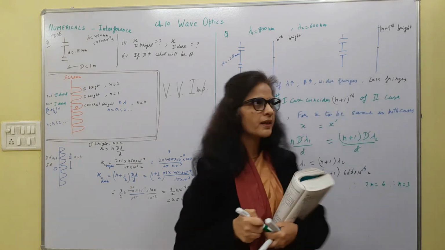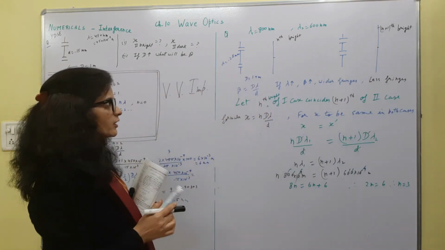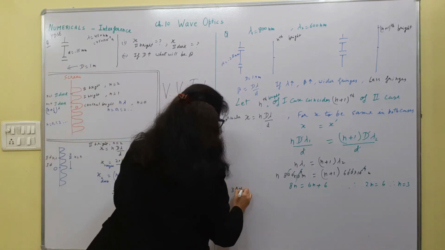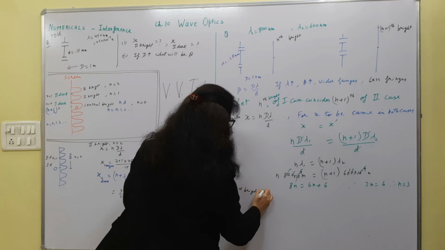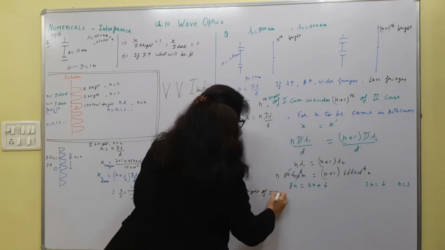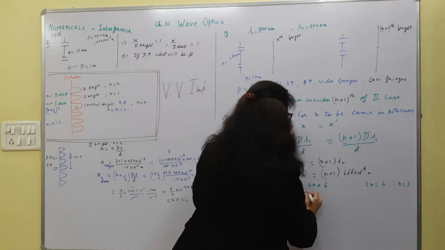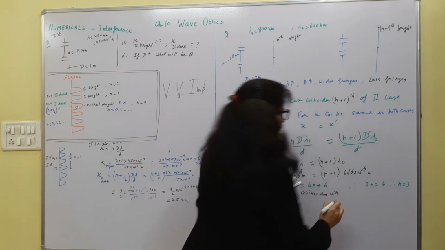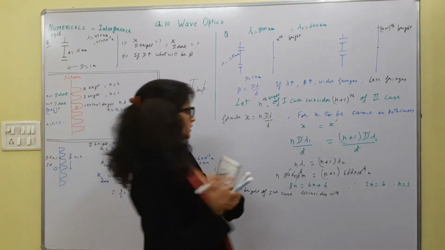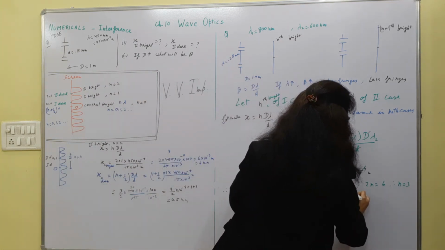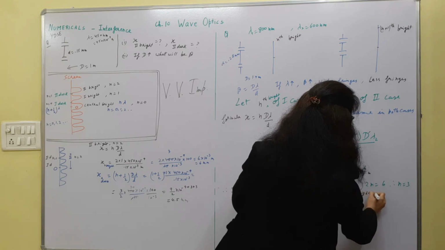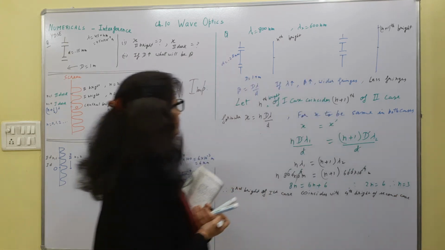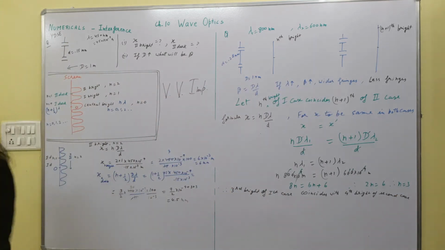That means third bright of first case will coincide with fourth bright of the second case. Right? Now you have to find that minimum distance.